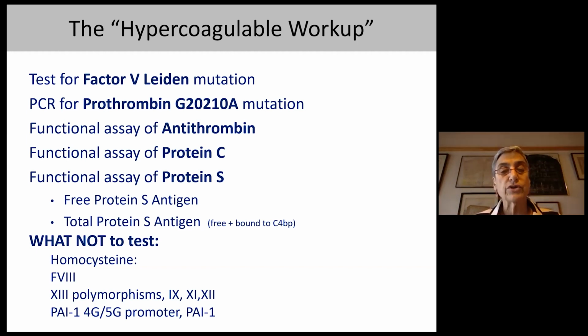There are also functional assays of antithrombin III, protein C and protein S, all of which are quite rare. We do not encourage testing for homocysteine, factor 8, factor 13 polymorphisms, and other rare variants, which we don't think have that much of a contribution to thrombosis.